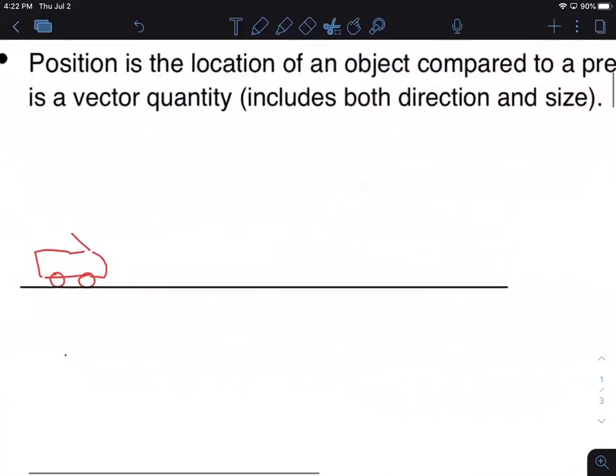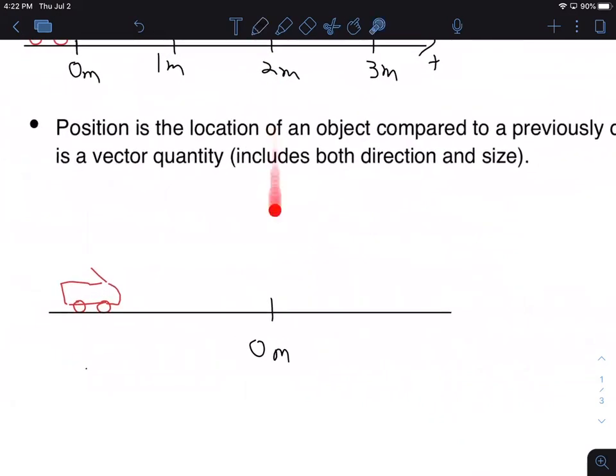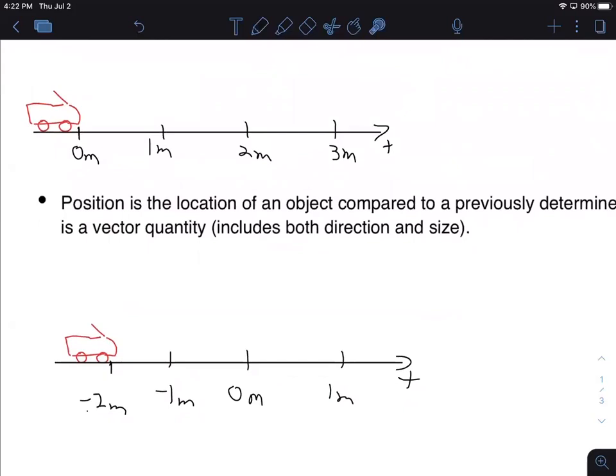I could have said, you know what, over here is 0 meters, where I have the 2 in my other situation, and I'm still going to say to the right is the positive direction. That would make this negative 1 meters, and the buggy would be starting at negative 2 meters. Both of these are valid ways to mark an origin and mark the position of the buggy.